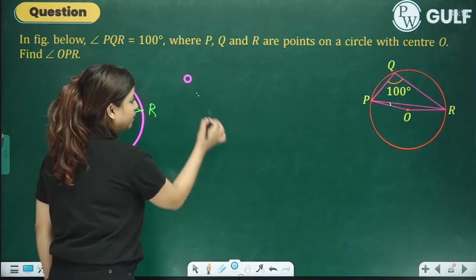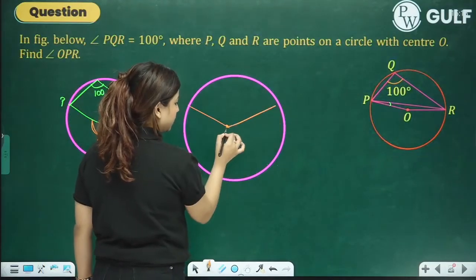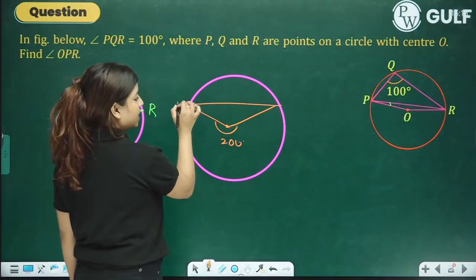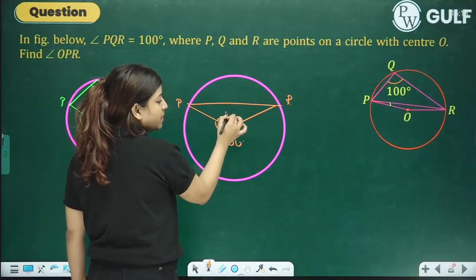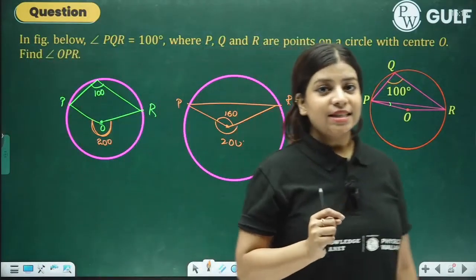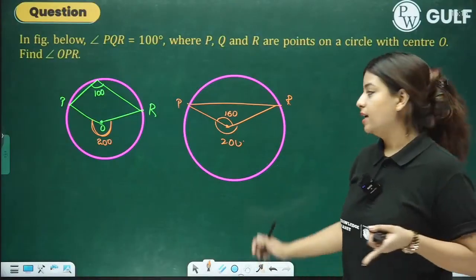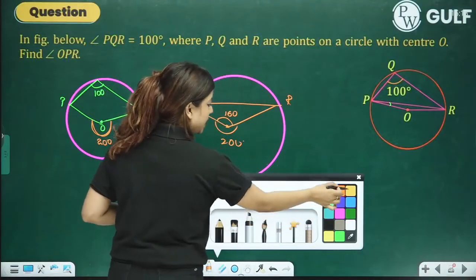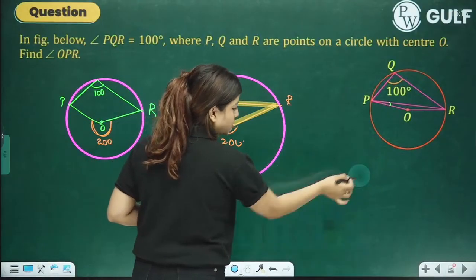Now look at the different picture. Since you have got this as the center, this angle as 200, and now you have P and R. If this is 200, students, this will be 160. Angle around a point is 360 degrees. If this is 200, this has to be 160. And if this is 160, just apply the angle sum property of a triangle in this small triangle.